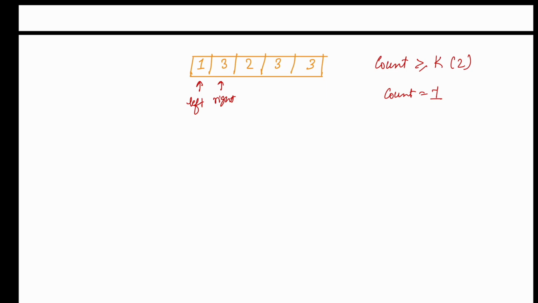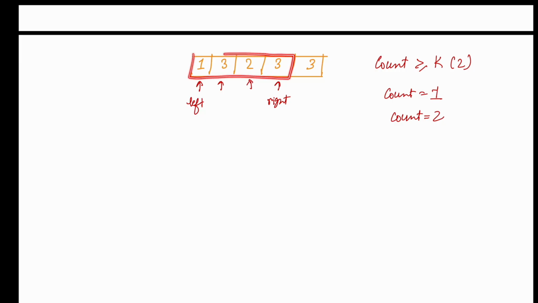This is still not greater than or equal to 2. Now again we increment the right. Now right is pointing towards here. Same case. Now we do right plus plus and right is standing over here. Now we check. Now the count is 2. So this is a valid subarray.